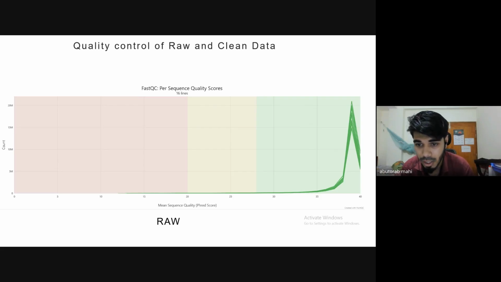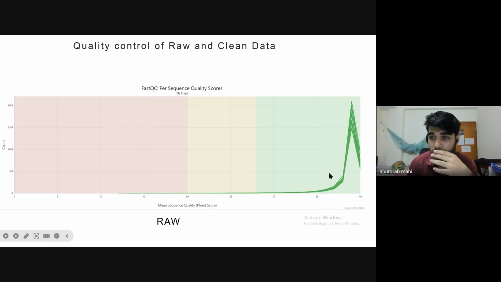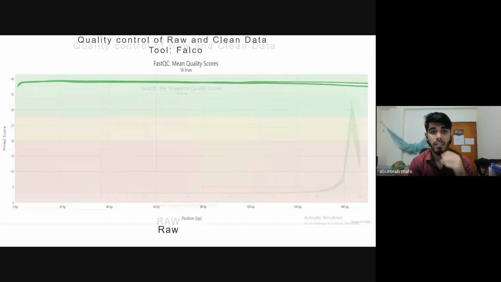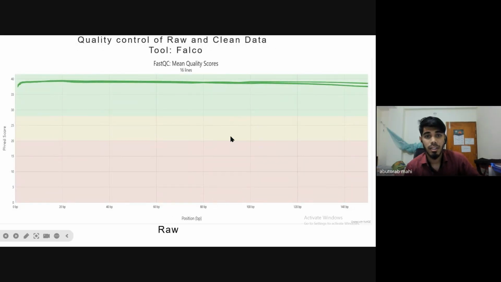Here we see that the green line is in the green zone, which indicates that the overall sequence quality is good. And this is a mean quality score, by using the Falco, for each of the 8 samples.